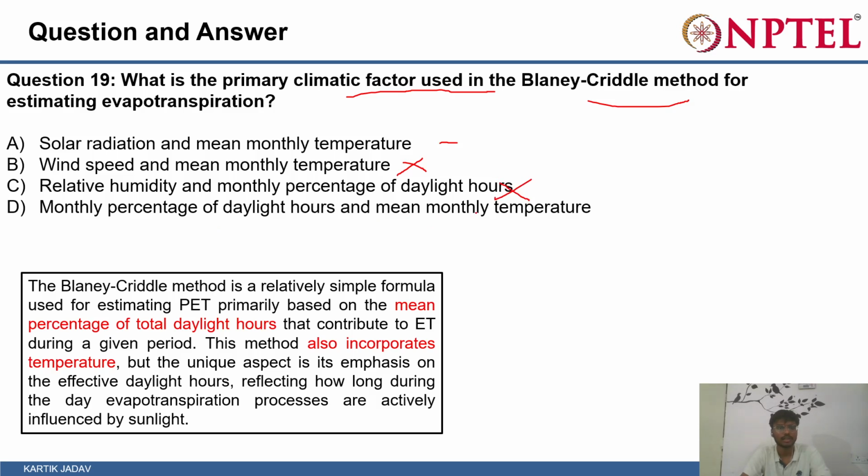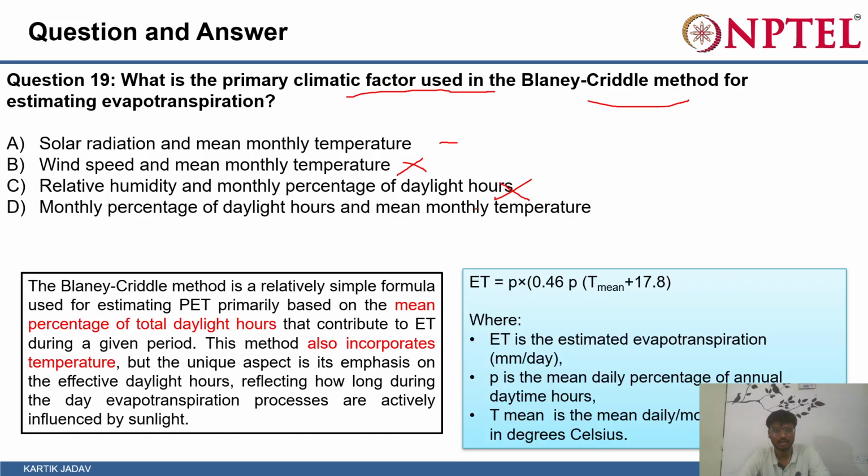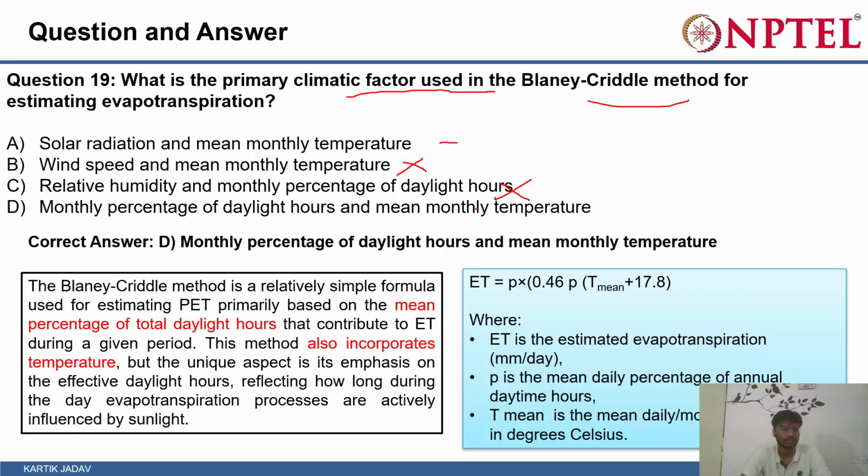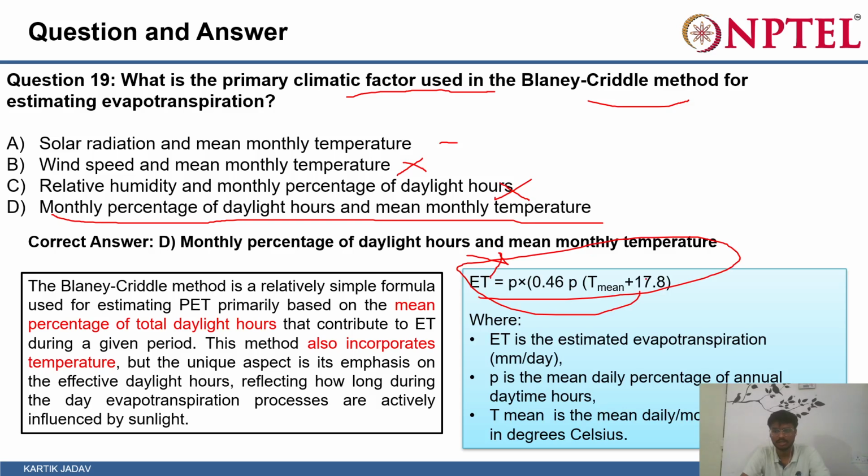So the correct answer is option D, right? Because it requires monthly percentage of daylight hours and mean monthly temperature. And this is the Blaney-Criddle equation to estimate potential evapotranspiration. Here P means mean daily percentage of annual daytime hours. T mean is mean temperature.